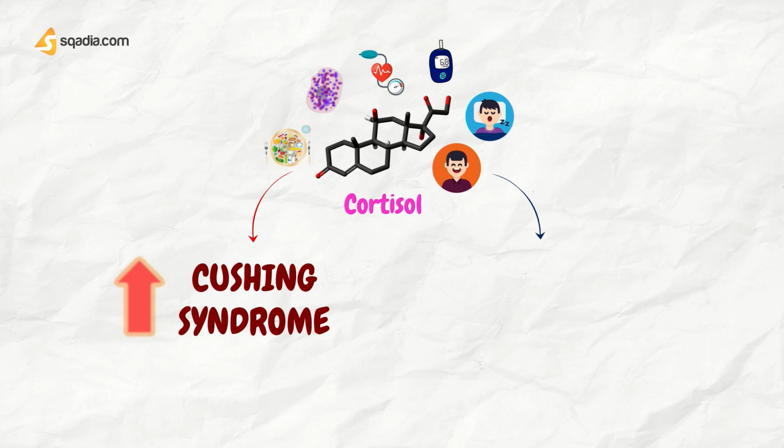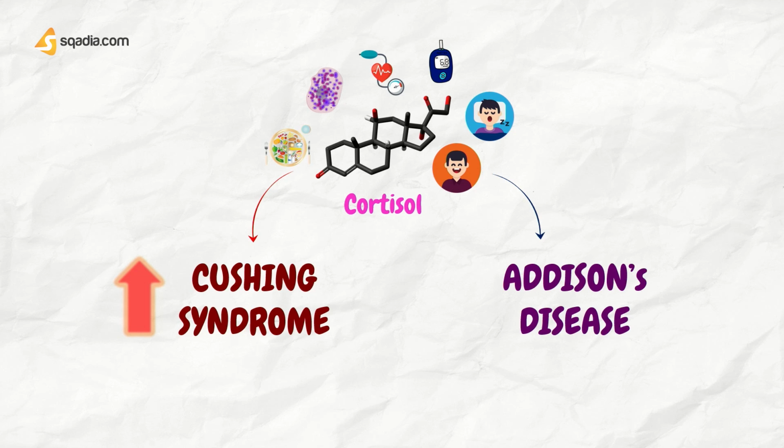You must have heard about this term frequently related to cortisol. But if there is too little cortisol in the body and it does not make enough cortisol, then it's going to lead towards Addison disease. So you need to remember that these two diseases are related to cortisol release. So it's a really important steroid in our body.